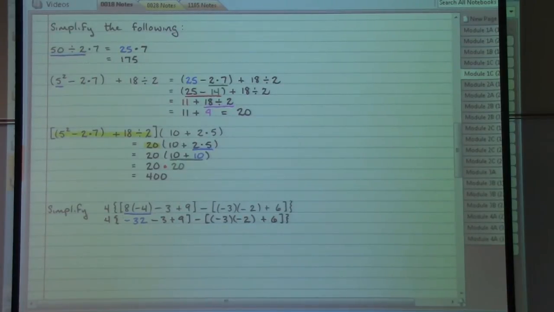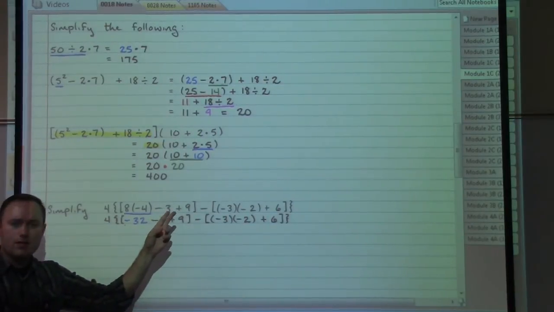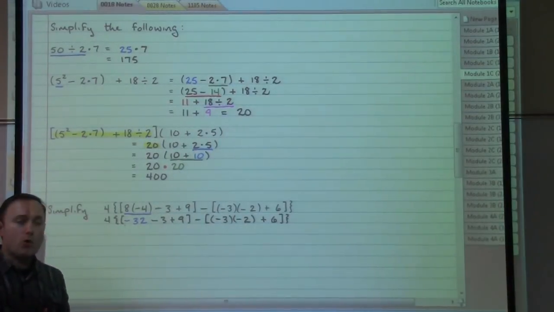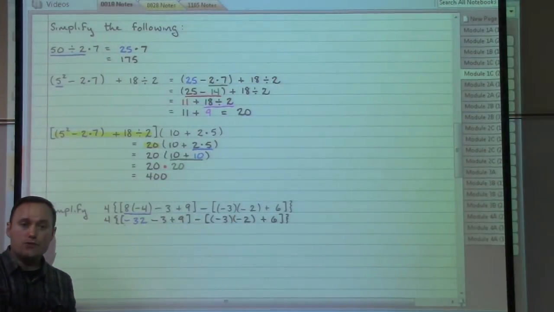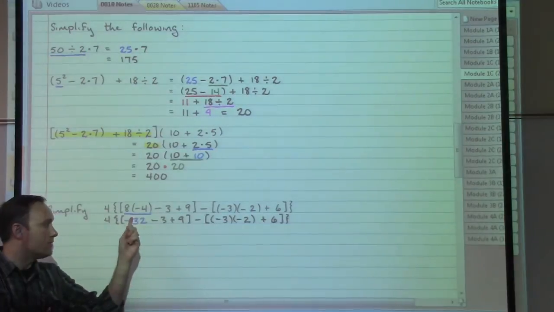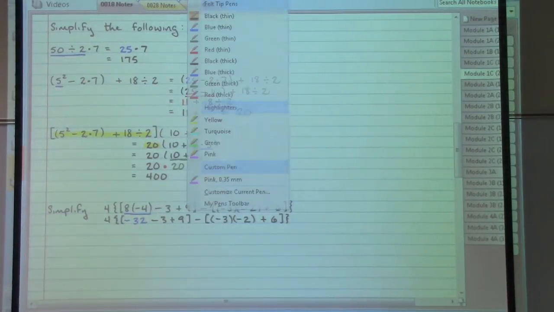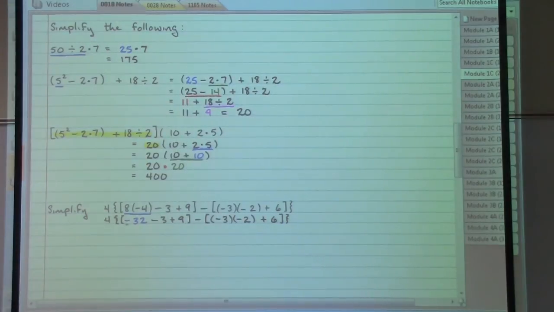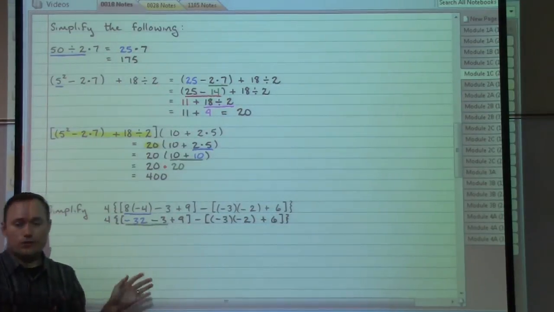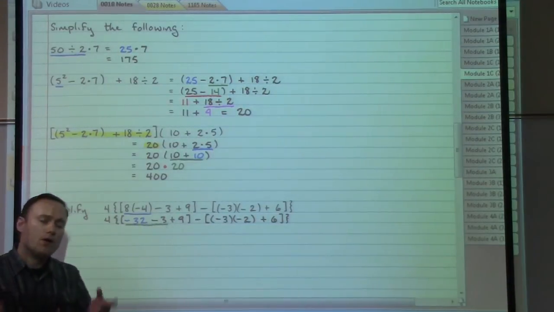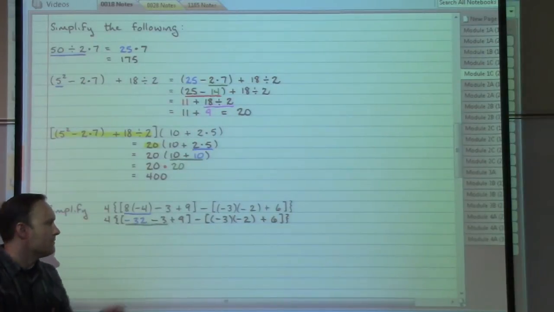Still looking inside that first set of brackets, I have the minus and the plus that are showing up there. According to my order of operations, I do what comes first. So we're going to work out what we would read mathematically as negative 32 minus 3. But when we were working with adding and subtracting and had any sort of negative stuff showing up, we thought of these as money problems.